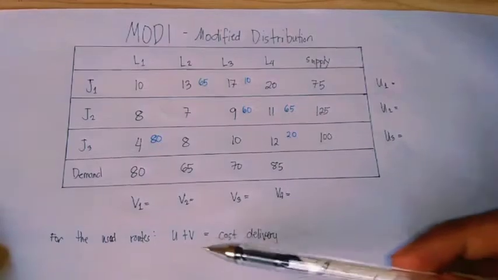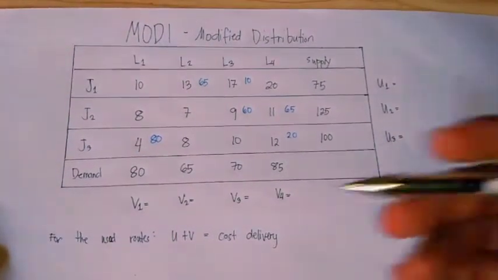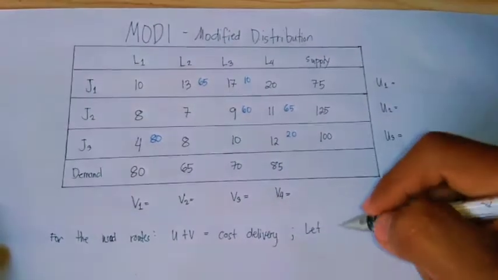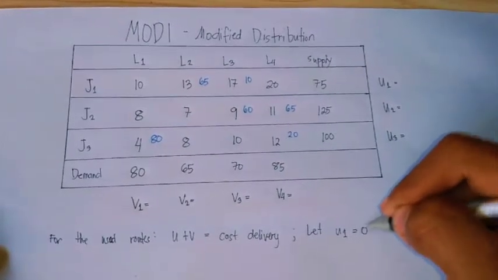Our U and V are the cost delivery. So let U1 is equal to 0.